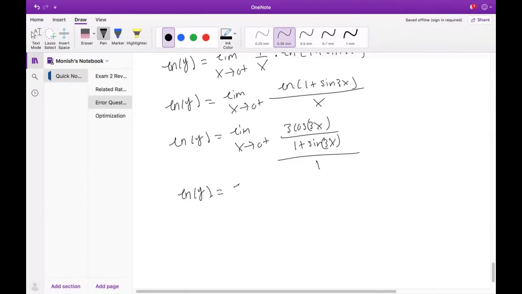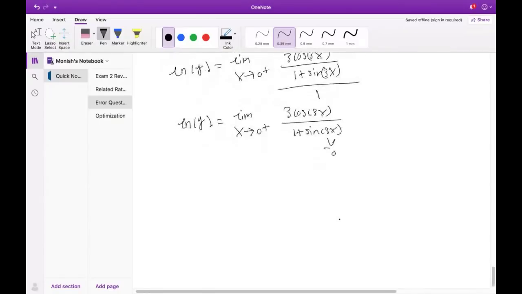So ln y is equal to the limit as x approaches 0 from the right of 3 cosine of 3x over 1 plus sine of 3x. If I plug in 0 now, I'll get cosine of 0, which is 1, times 3, which is 3. And then I'll get that over 1 plus 0 because sine of 0 is 0.